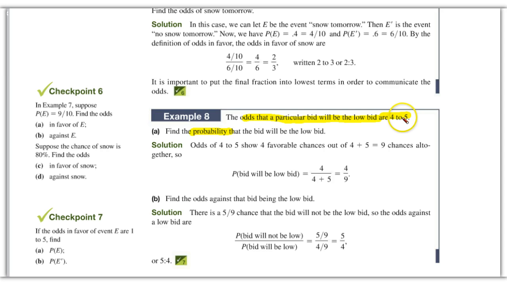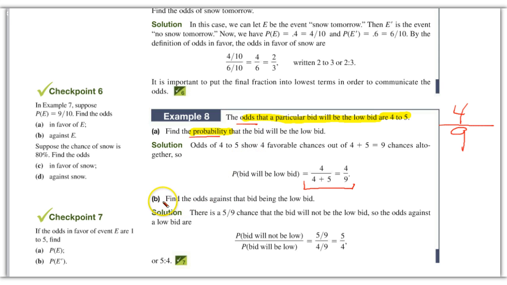If you have 4 and 5, well, you have 9 bids. So that's your sum. And then 4 of them would be the low bid. So there's where they're getting the answer, 4 out of 9. That's probability. 4 to 5 is odds.